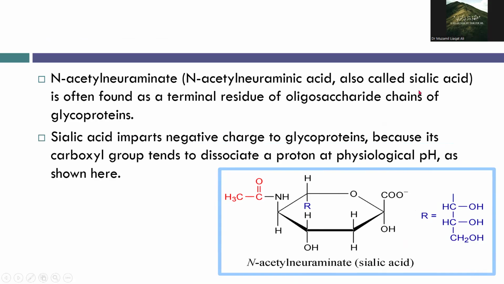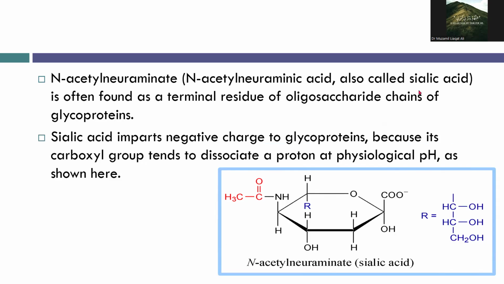Now, the sialic acid or N-acetylneuraminic acid, right? N-acetylneuraminic acid, commonly known as sialic acid, is a 9-carbon amino sugar derivative. It is frequently found as a terminal sugar in oligosaccharide chains of glycoproteins and glycolipids on the cell surfaces. Because its carboxyl group dissociates at physiological pH, sialic acid imparts a negative charge to glycoproteins.